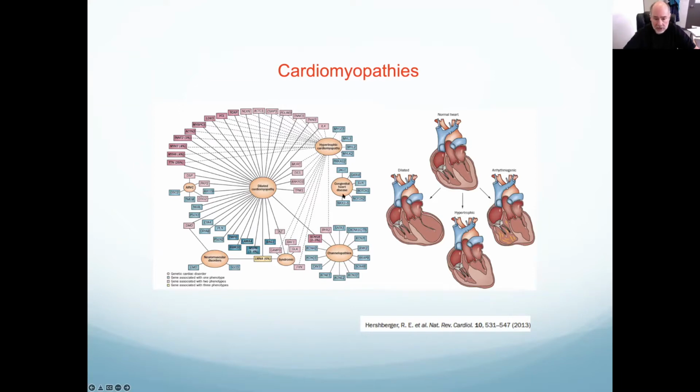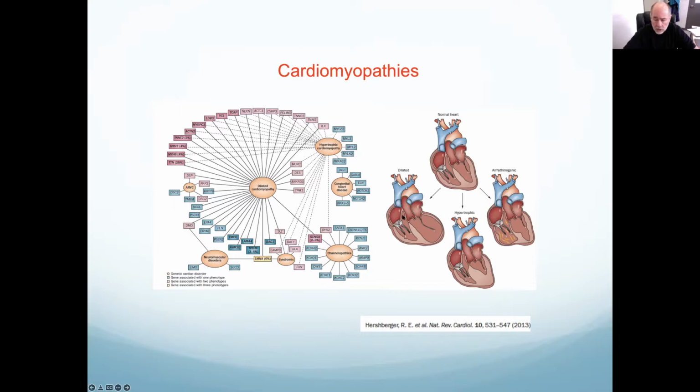Some aspects of congenital heart disease overlap with these diseases, as do neuromuscular disorders and channelopathies, that lead to three sorts of phenotypes: the dilated cardiomyopathy phenotype, the hypertrophic cardiomyopathy phenotype, where you get wall thickening, and then the arrhythmogenic phenotype, which is more driven by changes in ion channels, right?